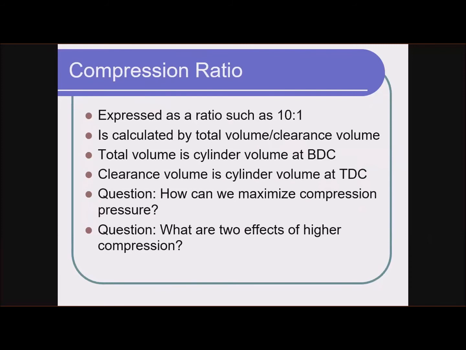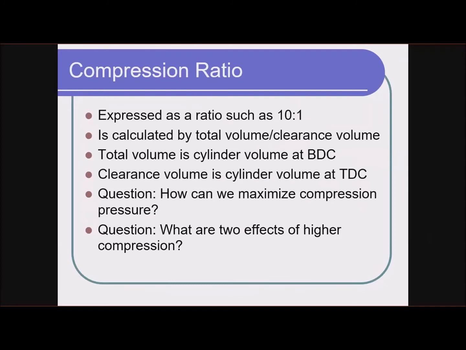How can we maximize compression pressure? There are several ways. The more air we jam into the cylinder in the first place, the higher our total pressure is going to be at the top of the compression stroke. If we have pistons that are domed or whatever, that's going to maximize compression pressure. If we have forced induction, turbo or supercharger, that maximizes compression pressure.